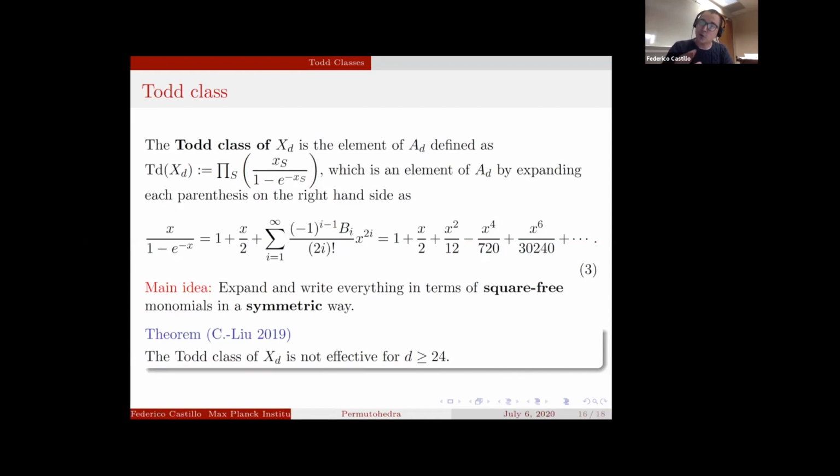Meaning that symmetric or not, there is no way to express the Todd class as a positive combination of the torus invariant cycles. This requires some extra arguments, but it really means that this positivity is not going to come from a different, clever way of writing the Todd class, because it's simply not effective. This is a surprising result, at least. I was expecting it to be positive, but sadly it is not.